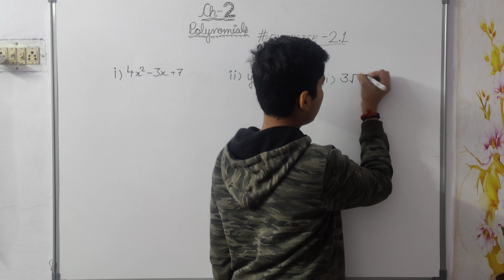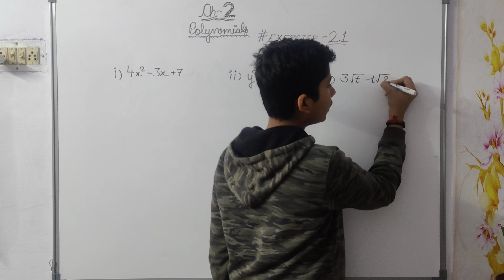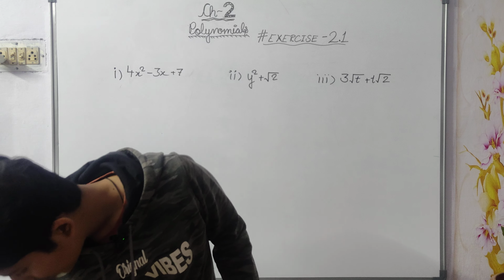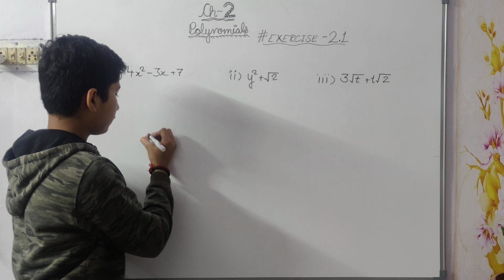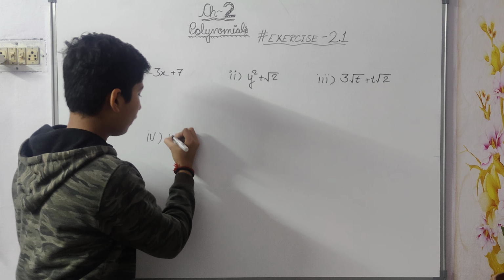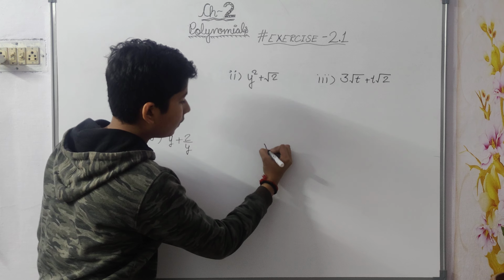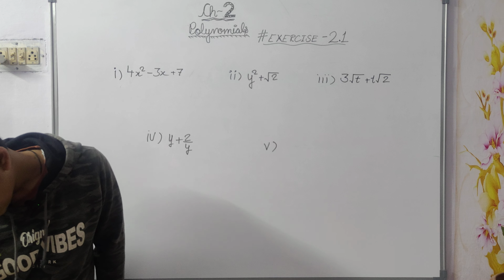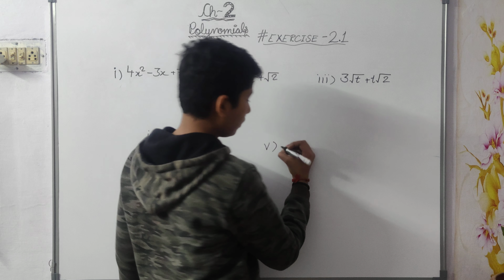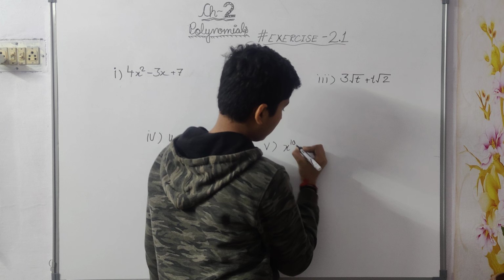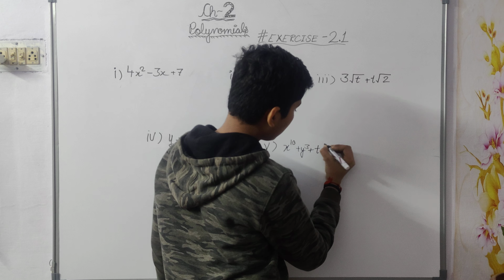Fourth and fifth: fourth, y plus 2 by y. And fifth, x to the power 10 plus y cube plus t to the power 50.